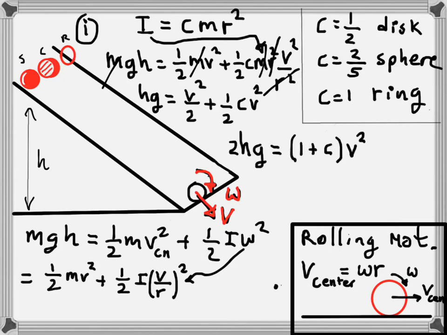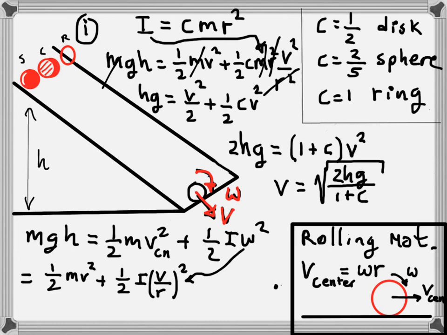Continuing with a little bit of algebra, we multiply by 2 on both sides, 2gh equals, and we factor v squared from both terms, and we get (1 plus c) v squared on the right hand side. Solving for v, we get the interesting result: square root of 2gh divided by (1 plus c).